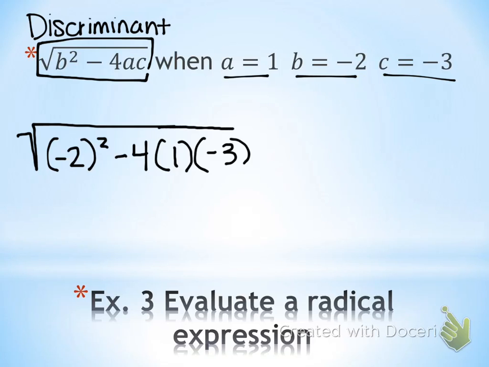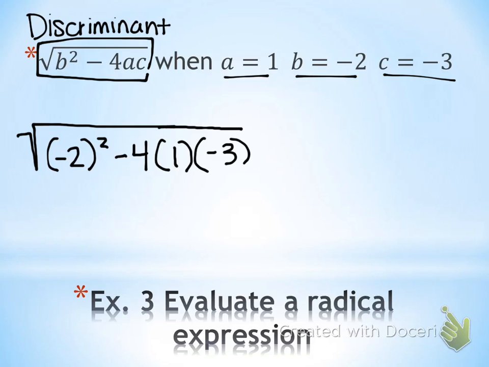Now, again, this problem is not necessarily hard, okay? However, people get it wrong all of the time because they don't pay attention to the positive and the negative signs. Careless errors, okay? When you plug in B, it's negative 2.